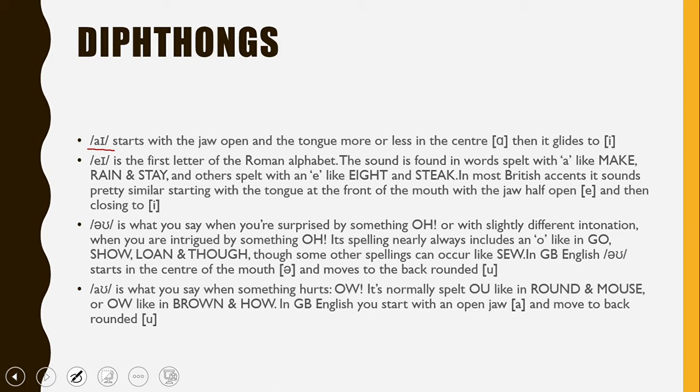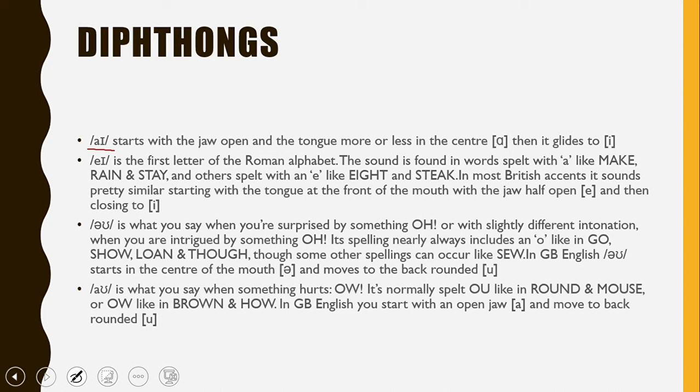In the diphthong, the first vowel quality is ah, and then your tongue or mouth glides toward another sound, that is E. Your jaw is open and your tongue is in the center, and when you say ah, you glide toward the E sound.